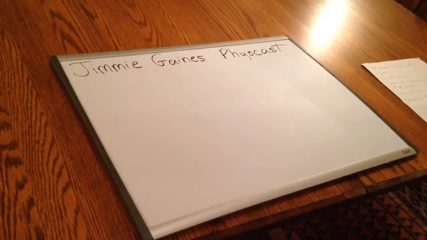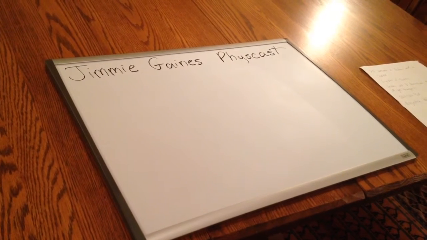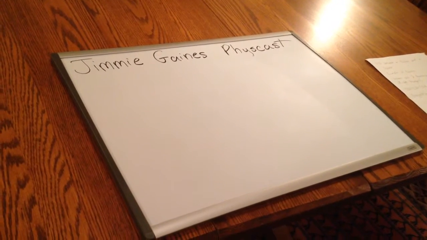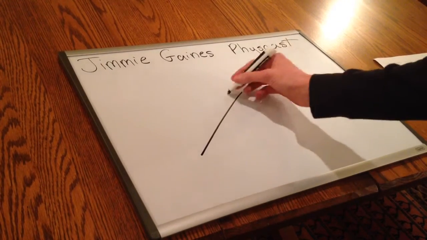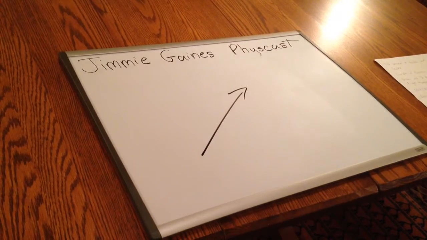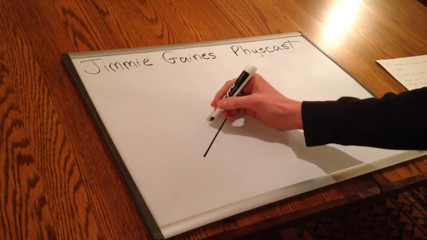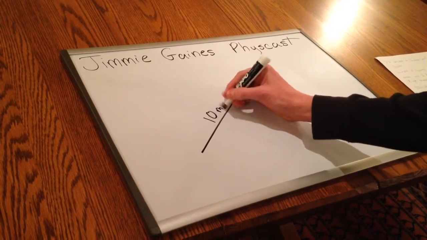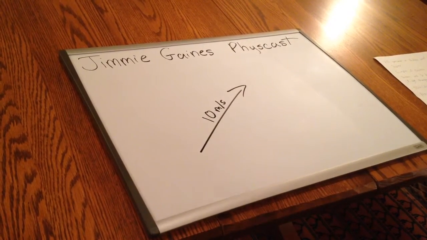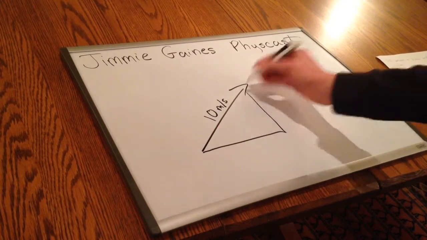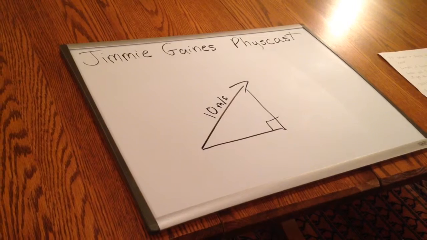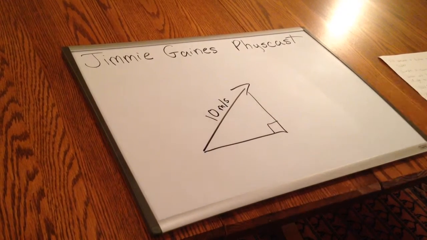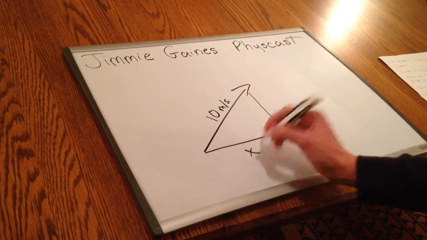And how we're going to break up vectors into the y and the x vector is if I draw just the vector, which is represented by a line with an arrow at the end, of 10 meters per second. I can represent this in a right triangle. And we have lots of rules with right triangles to find our x and our y.